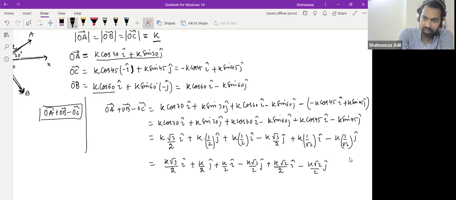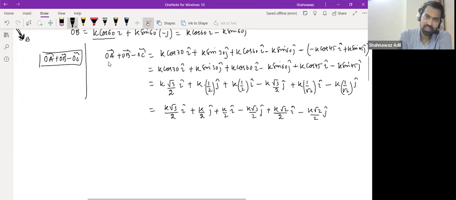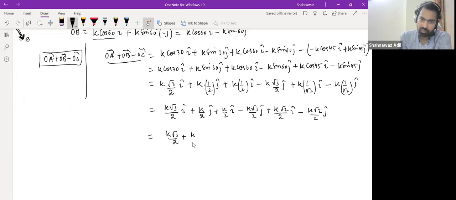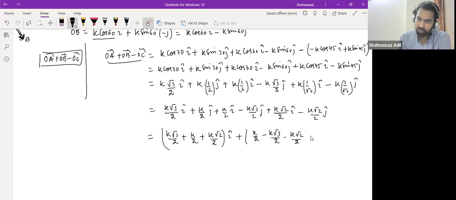Okay. Then what we do is that, so that is why we have changed this in the Cartesian form, because addition with i is k root 3 and k and k plus k by 2 plus k root 2 by 2 i, and then k by 2 minus k root 3 by 2 and minus k root 2 by 2.